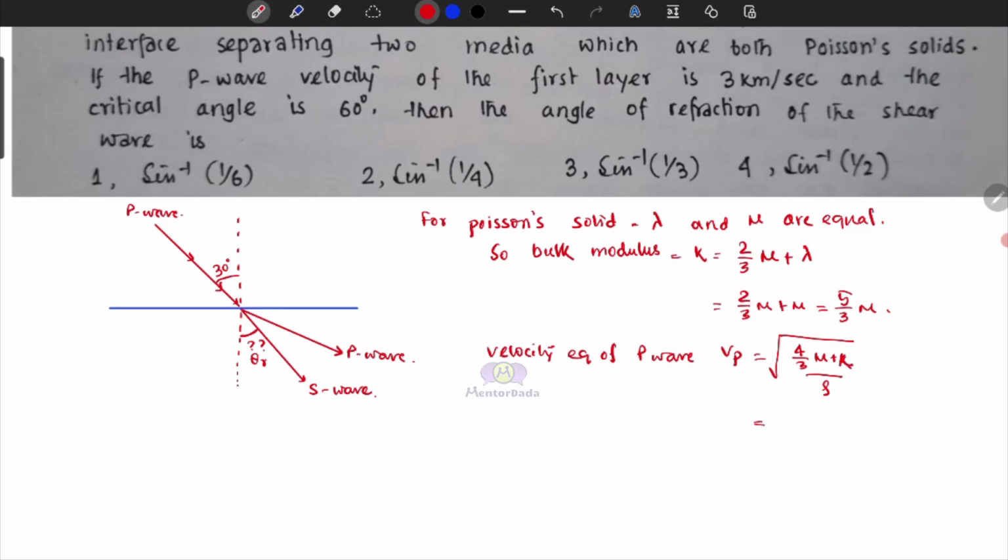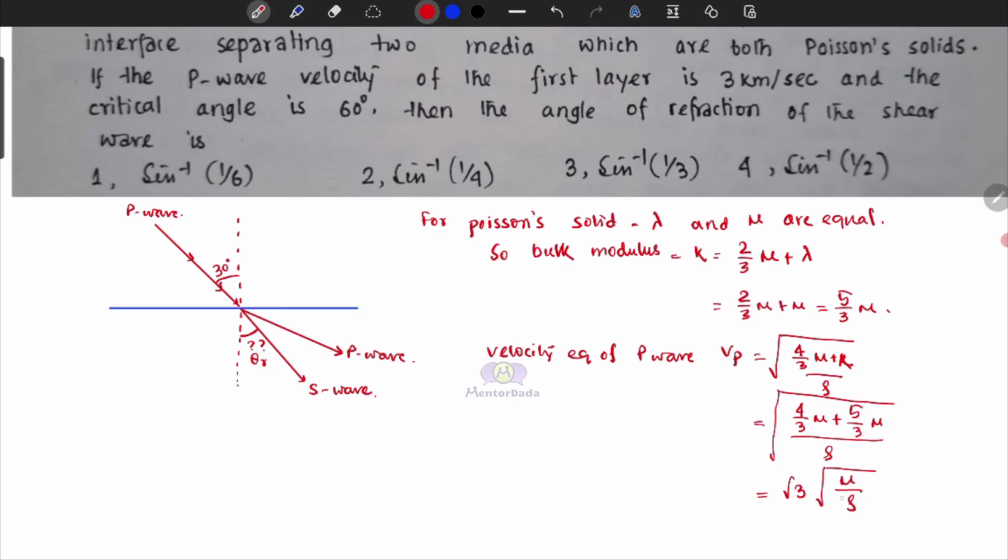Then it becomes root of (4 by 3 of mu plus 5 by 3 of mu) by rho, which comes as root 3 times root of mu by rho.